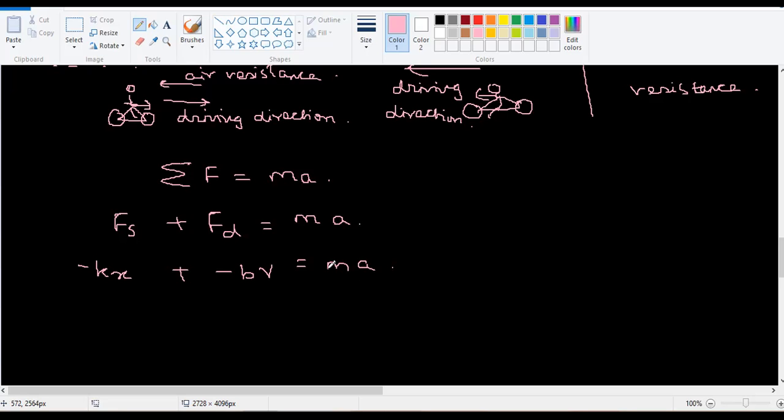That means the displacement will change with respect to time, the velocity will change with respect to time, and the acceleration will also change with respect to time. So x is a function of time, velocity is also a function of time, acceleration is also a function of time.